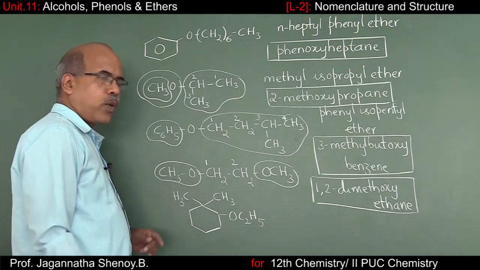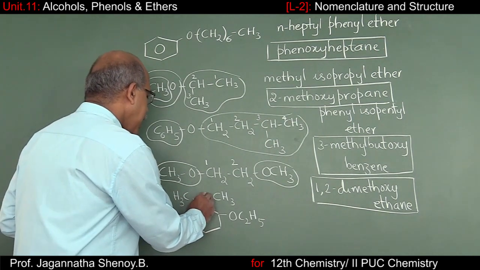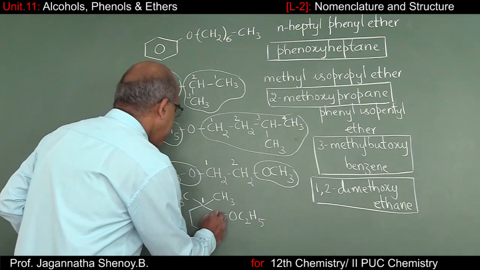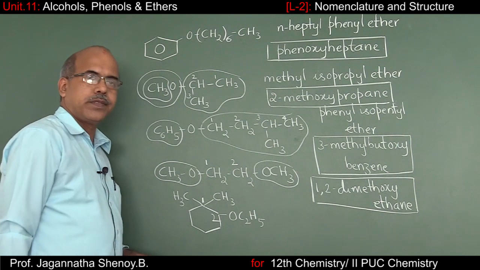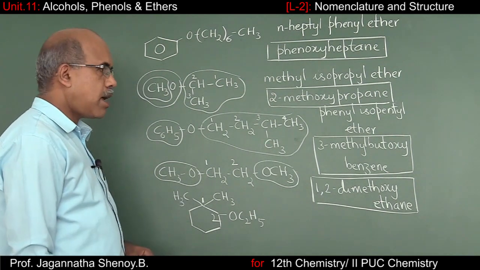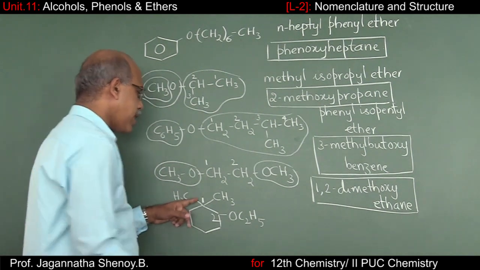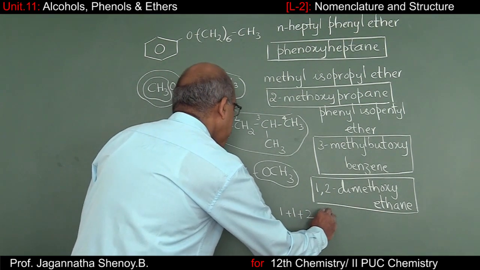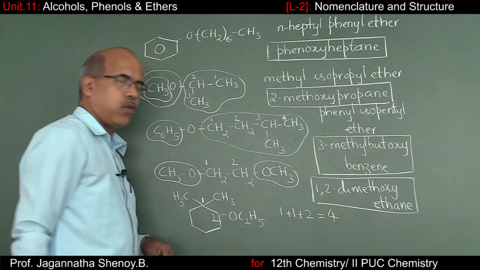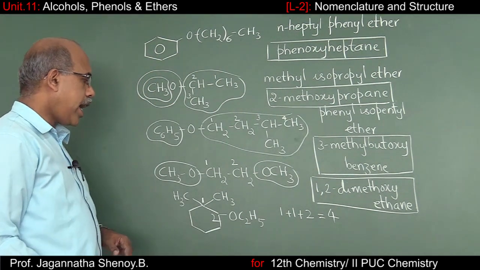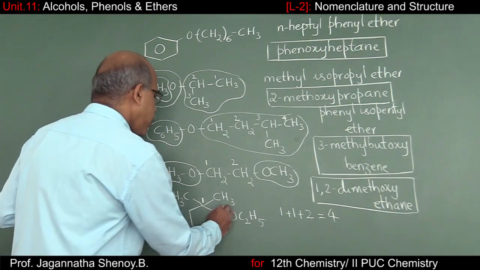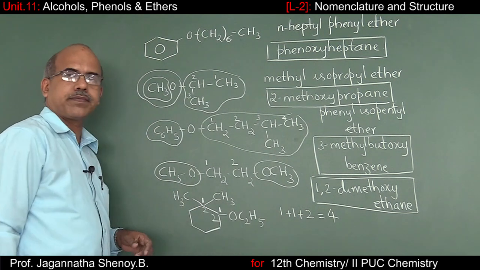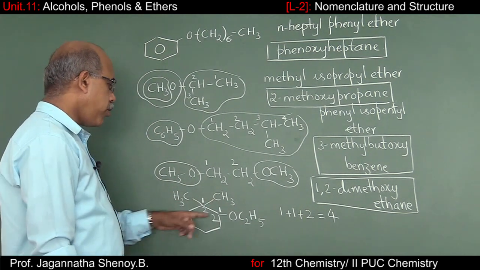So when I consider the lowest sum rule, if I number this carbon atom as number 1 and this carbon atom as number 2, the sum of locants in this case is 1 plus 1 plus 2, so it becomes 4. On the other hand, if you number this way, this as 1 and this as 2, then what will be the sum of locants?